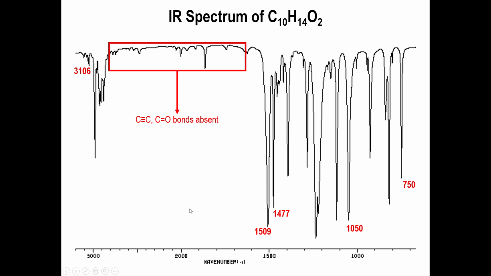Further corroboration of that is that if you look at the region around 3000, we do have, mind you, a small peak, but we do have a peak showing up a little above 3000, which is an indication that a CH bond on an sp2 hybridized carbon is present. And that will tell you, okay, well, IHD of 4, sp2 hybridized carbon bound to hydrogen, a benzene ring is seeming kind of likely to be here.